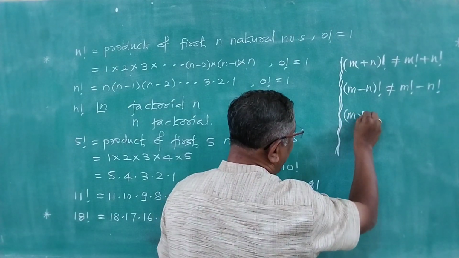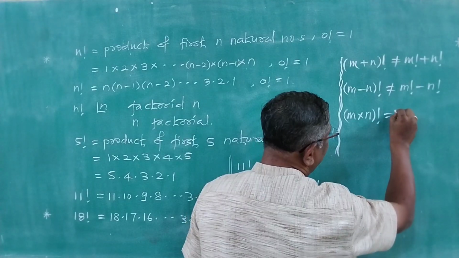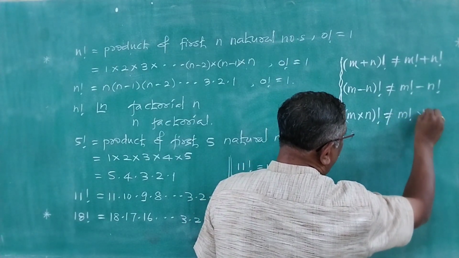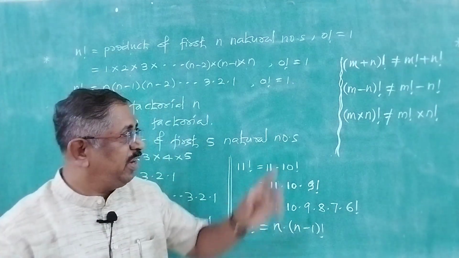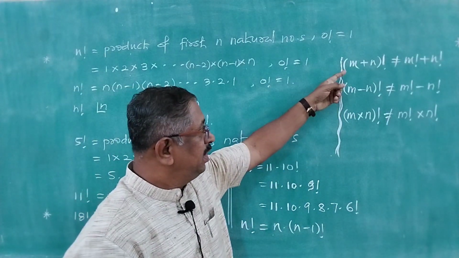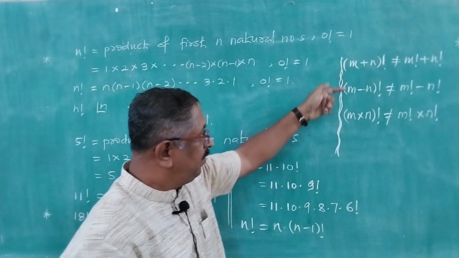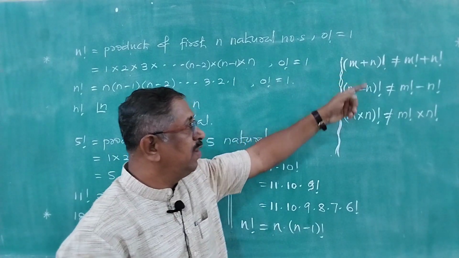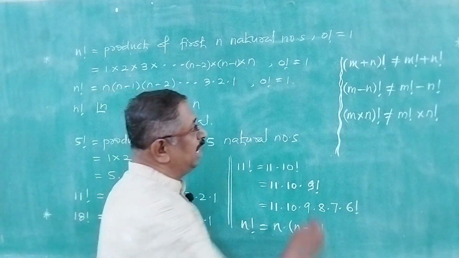Again, shall I say m multiplied by n bracket factorial can be written as m factorial multiplied by n factorial? Clearly not. It means the sum, difference, product of m and n bracket factorial will never equal their factorial sum, difference or product.